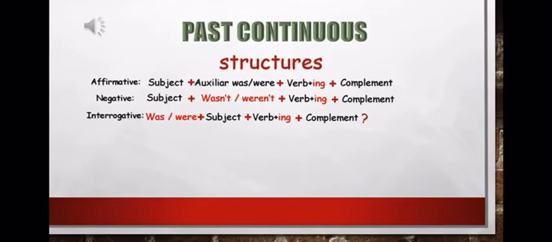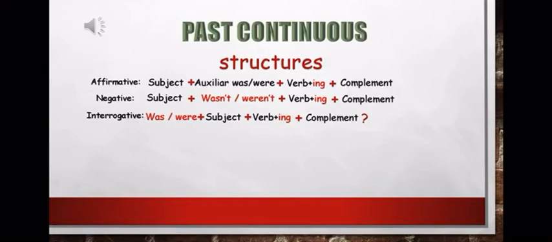The structures in past continuous are these. In the affirmative sentence: subject, auxiliary was or were depending on the subject, verb in present plus ing, and the complement.